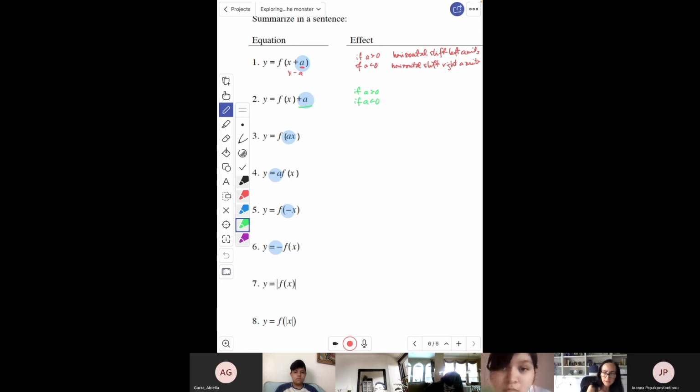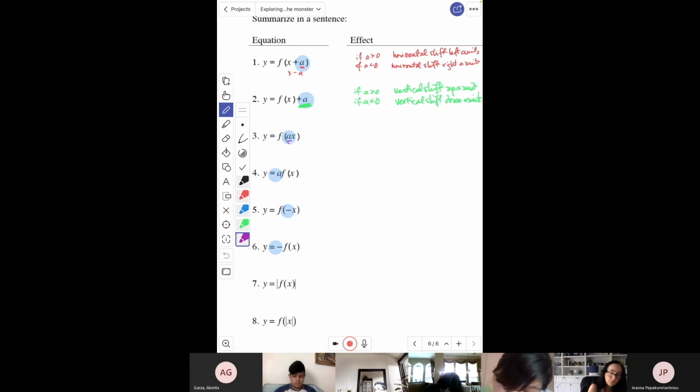If A is positive here, there's a vertical shift up. Yes, vertical shift up A units. Similarly, if A is negative, it is a vertical shift down A units because it's impacting the Y. All right, here we go.